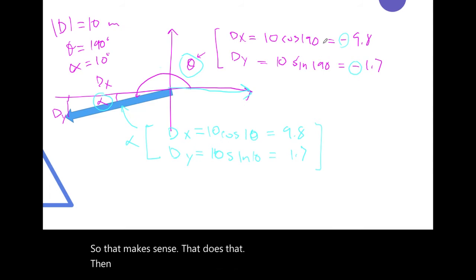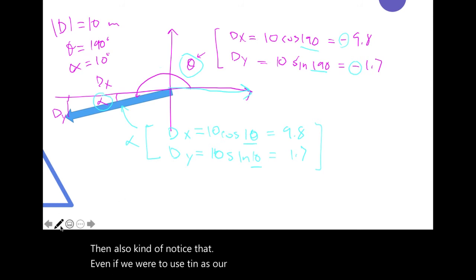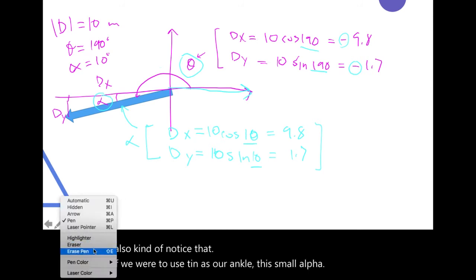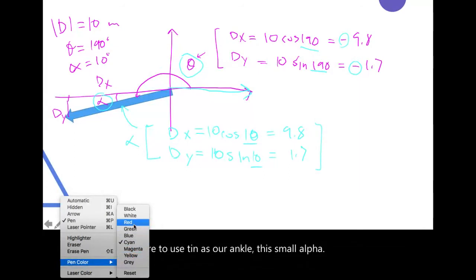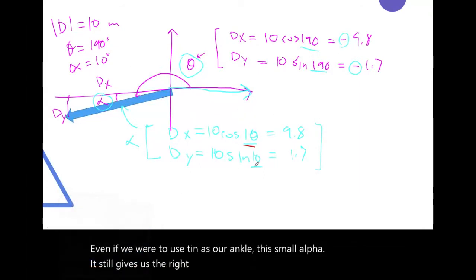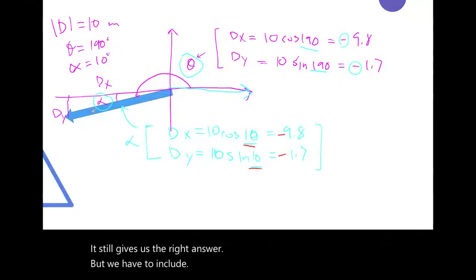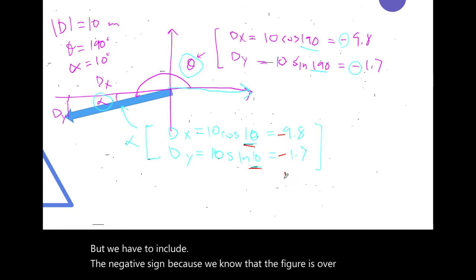Also notice that even if we were to use 10 as our angle, this small alpha, it still gives us the right answer, but we have to include the negative sign because we know that the vector is over there. So we have to manually include that.